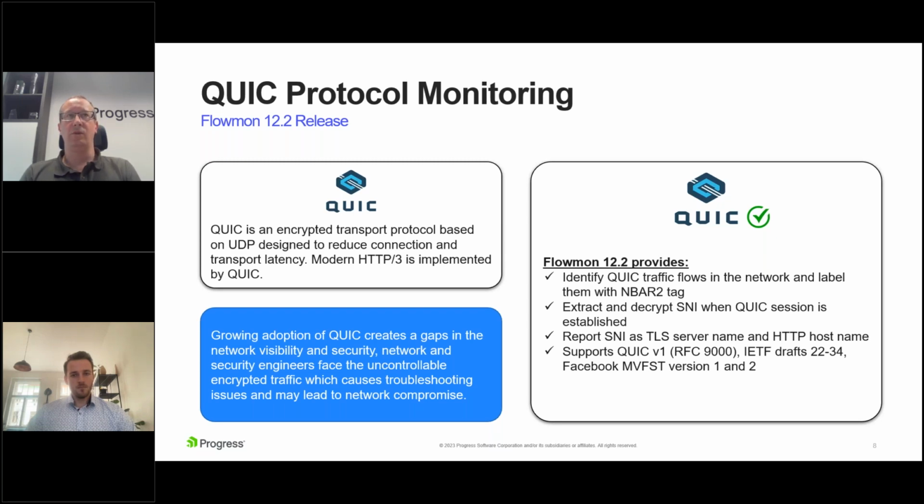It runs over UDP, and it's designed specifically to reduce latency associated with establishing the TCP connection, negotiating the TLS encryption. So this protocol is really super fast in establishing the connection, and the encryption is moved to application layer.